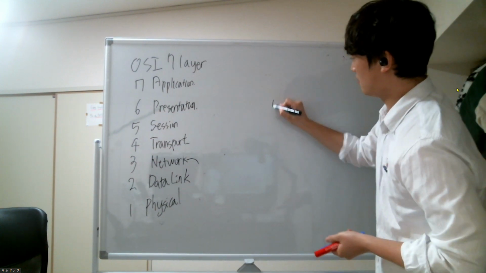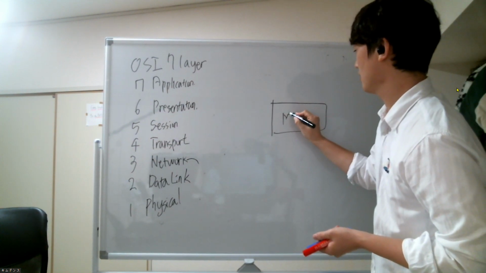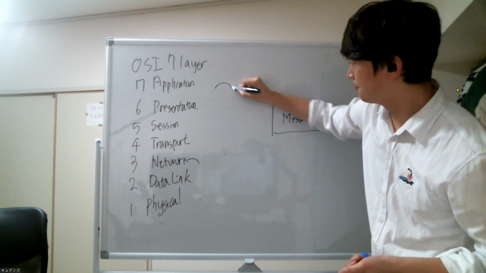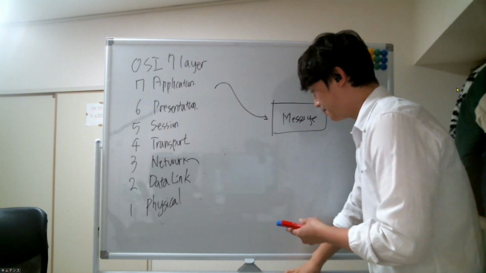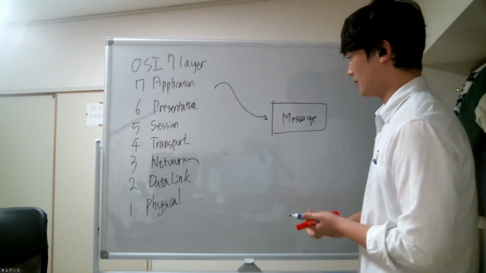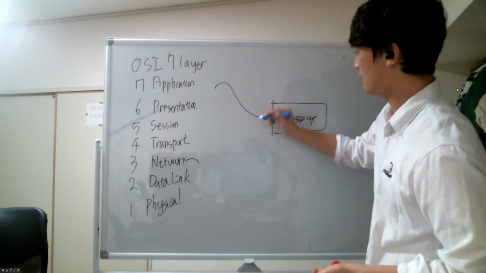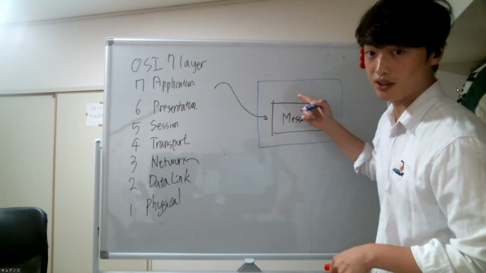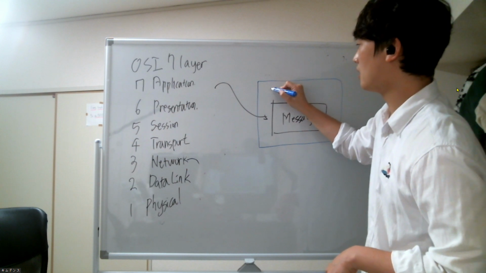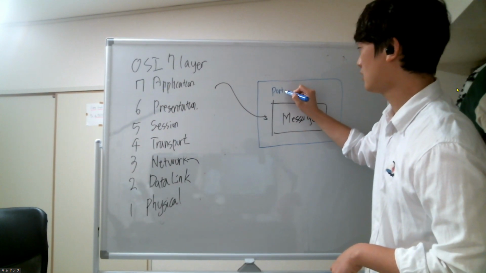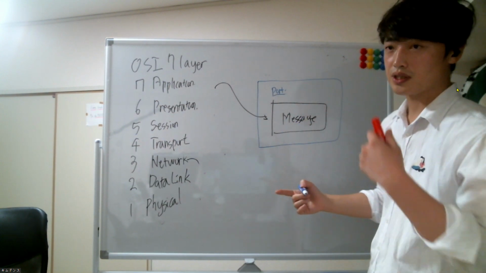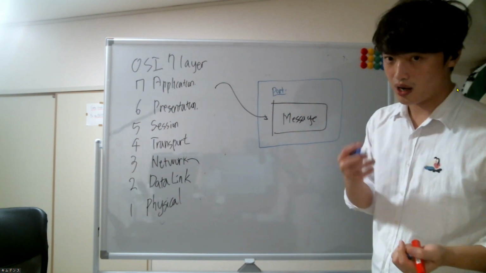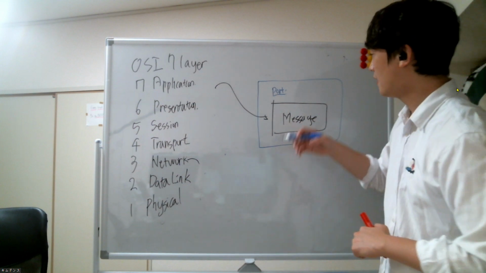So there's a message from the application layer, and then in the transport layer, it encapsulates with another header, the TCP header, with the sender's port and the destination port. A port is an identifier of the service or of the process.